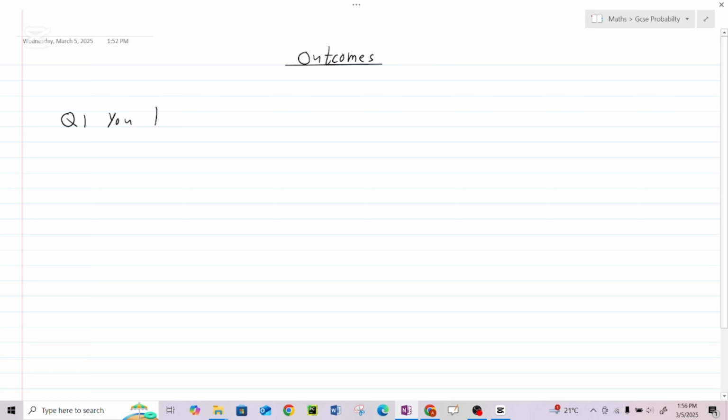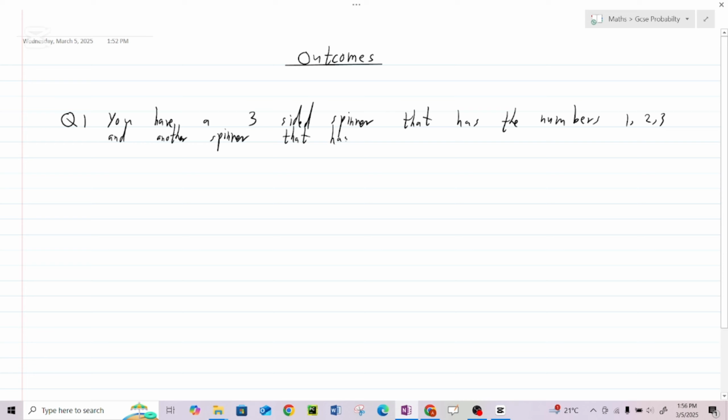Let's say you have a question. You have a three-sided spinner that has the numbers 1, 2, 3, and another spinner that has 4, 5, 6.